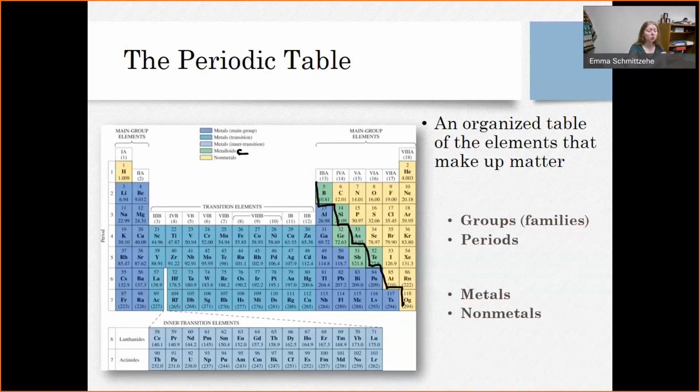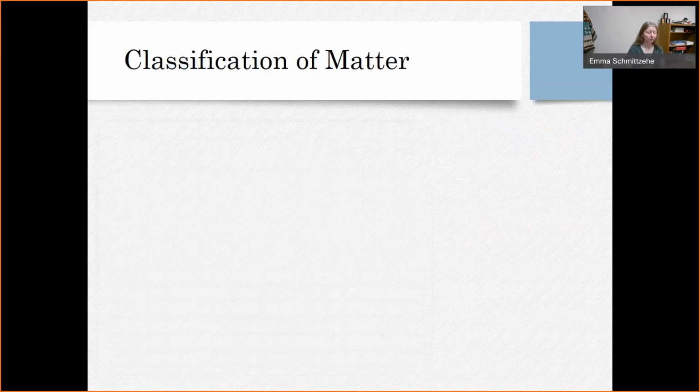Now, so that's kind of just our foundation of matter, or the elements, because everything that is matter is made up of elements. Now, whether or not it's one element or two elements or whatever, depends on what matter you actually have, okay? And so let's talk about the different classifications of matter.